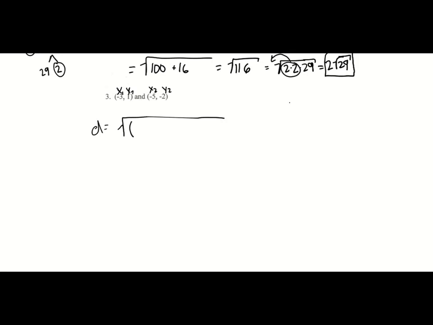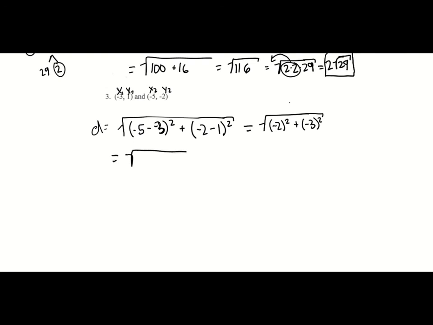Let's see, my x2 is -5 minus my x1, which is -3, squared, plus y2 minus y1. -5 minus a -3 gives me -2 squared. And -2 minus 1 is -3 squared.